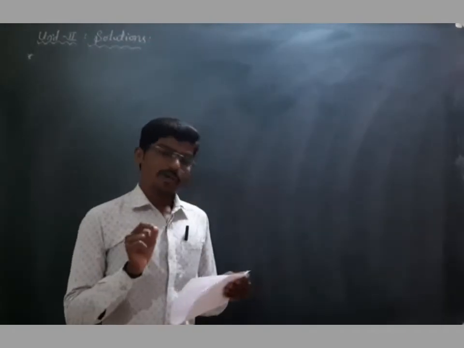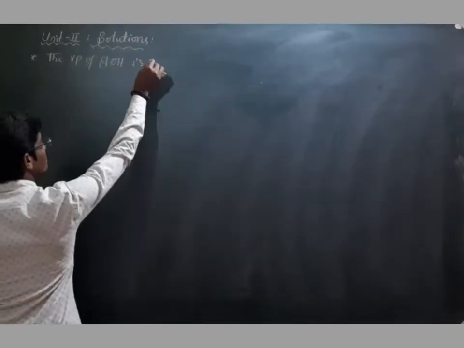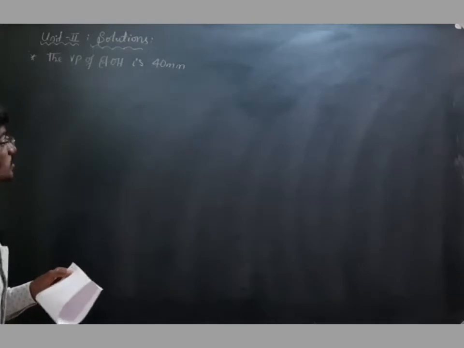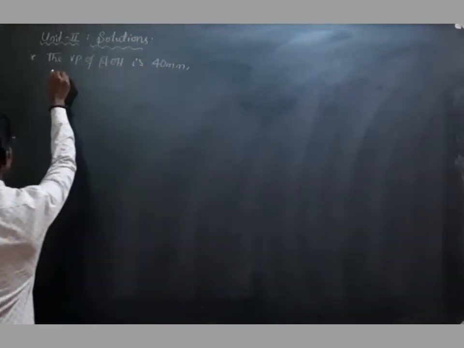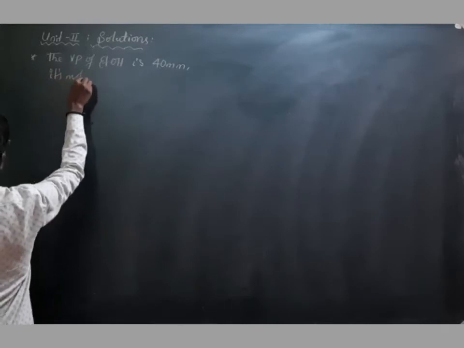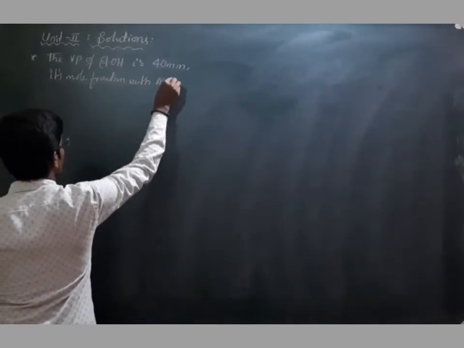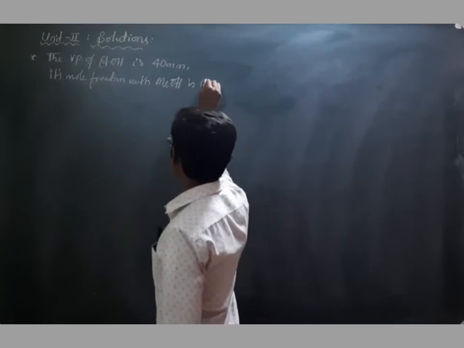The vapor pressure of ethyl alcohol, ethanol, is given as 40 mmHg, and its mole fraction in a solution with methanol, CH3OH, is given, that is 0.80.